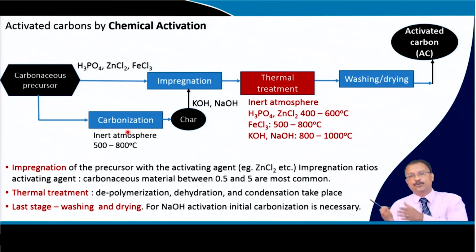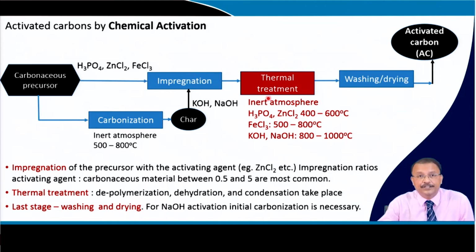So, that controls not only the porosity, but the type of the porosity. Usually it is kept between 0.5 to 5, and then after the impregnation you go for the thermal treatment, again at different temperatures depending on what type of activating agent you are using.